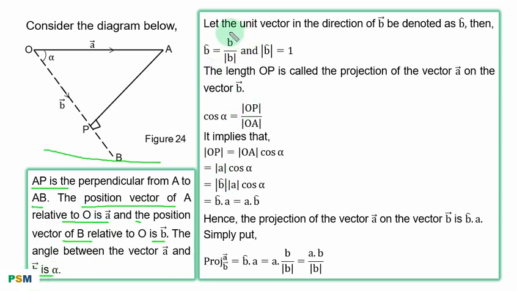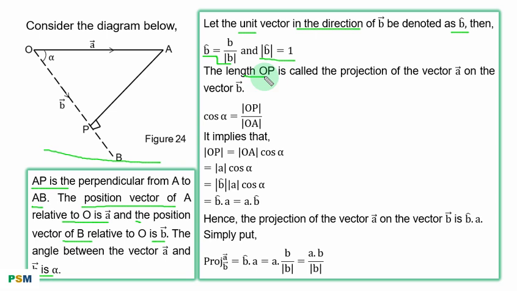Let the unit vector in the direction of vector B be denoted as this. Then you have the unit vector of B in this form, and the magnitude is equal to 1.